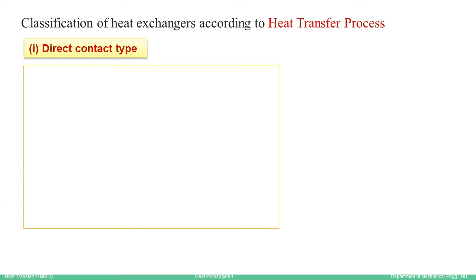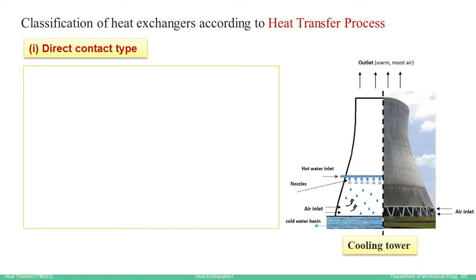Based on heat transfer process, we have direct type or direct contact type. The best example is the cooling tower used in a power plant, and as you can see, these are tall structures, and the left hand side is shown with the actual working principle, whereas the right hand side is the actual cooling tower.